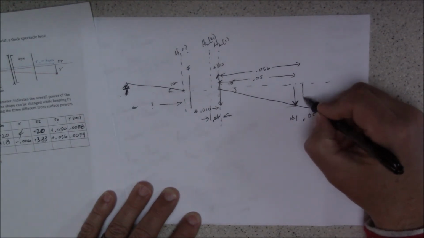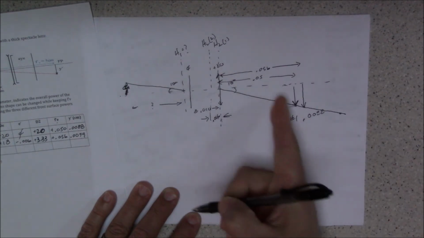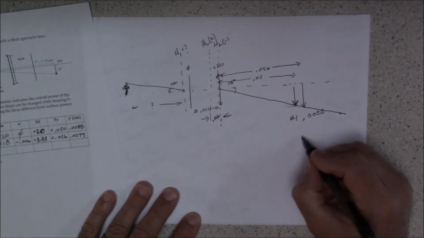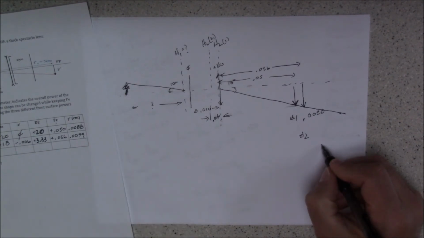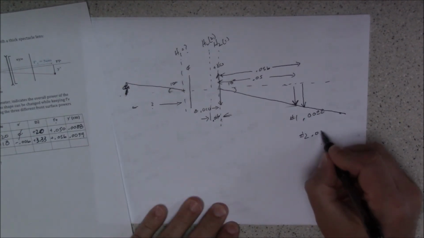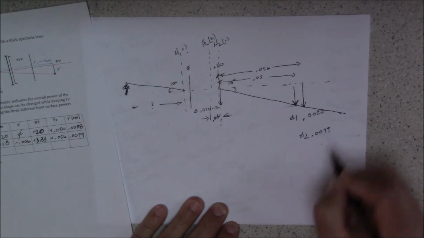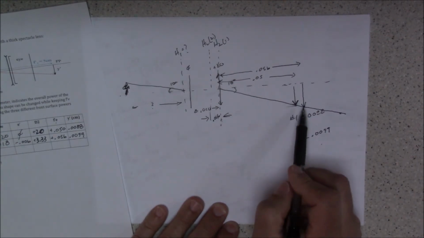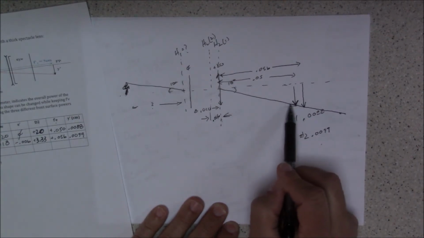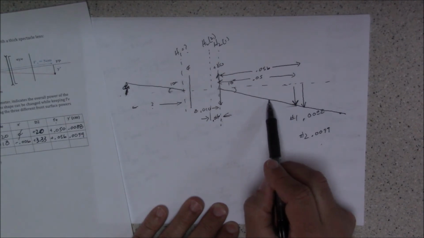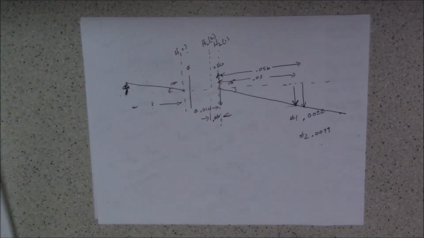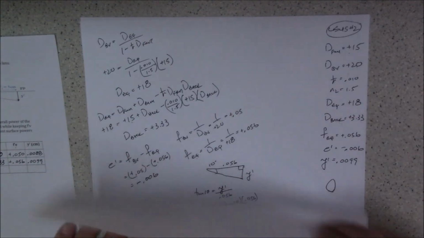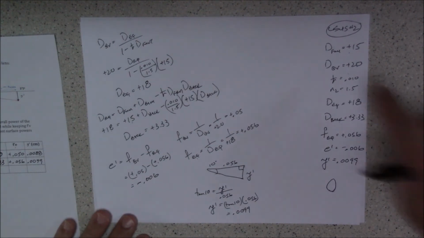So now this guy is dragged down the hill. The image size is now longer. Here's the image size of our second set of lenses, and that's going to be 0.0099. Unlike our first set of problems, where we were dragging the image up the hill and making the image smaller, this one is making the image bigger. So we're going in the opposite direction. All right, so that was for lens number 2.